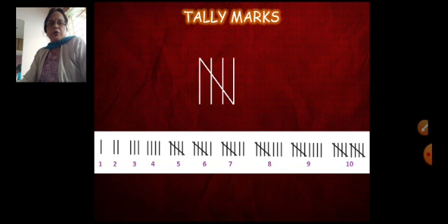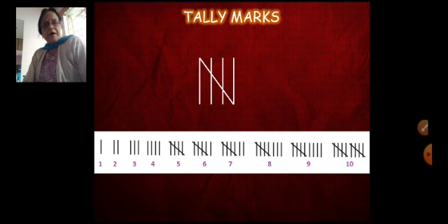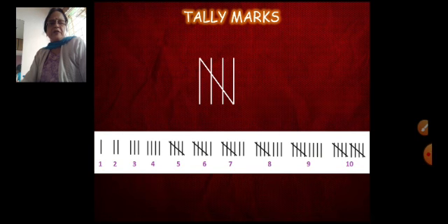Numbers 1, 2, 3, 4 are all vertical bars, and the fifth one is a slanting bar which intersects all the 4 bars. In this way we can write 6, 7, 8, 9 and 10.